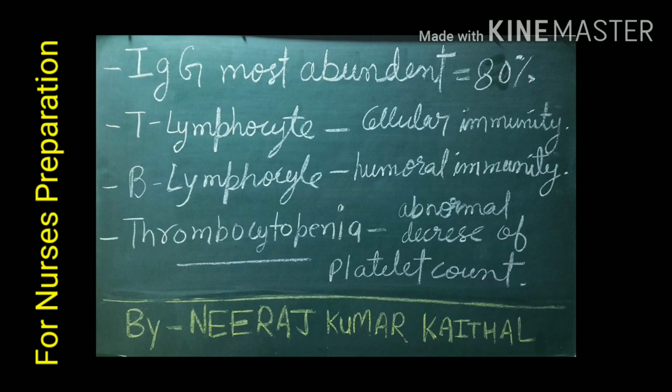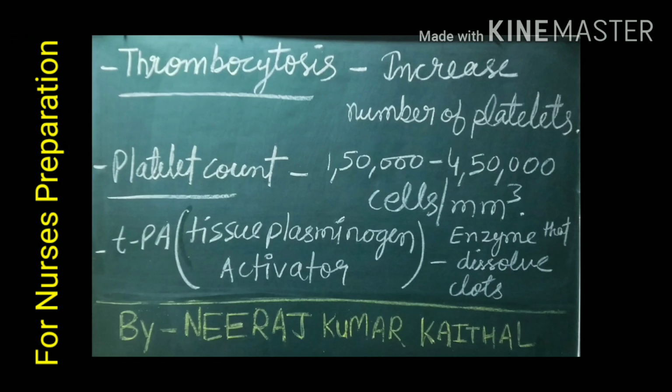Thrombocytopenia. Platelets are also known as thrombocytes. The word thrombocytopenia means abnormally decreased count of platelets. Second term is thrombocytosis.